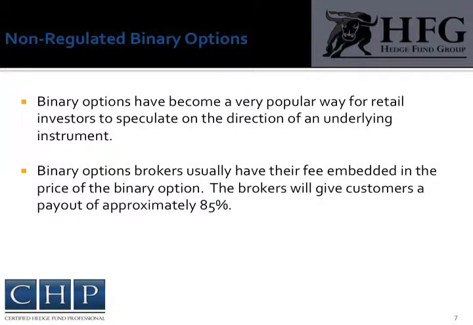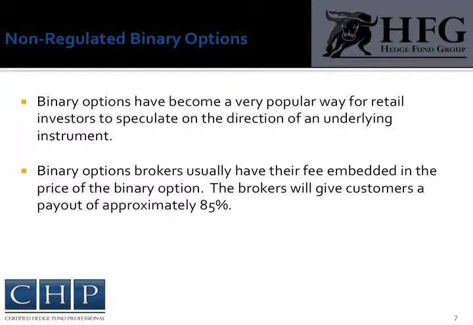Binary options have become a very popular way for retail investors to speculate on the direction of an underlying instrument. There are numerous online retail brokers that offer binary options on assets ranging from individual stocks to indexes, commodities, and even currencies. Binary options brokers usually have their fee embedded in the price of a binary option.